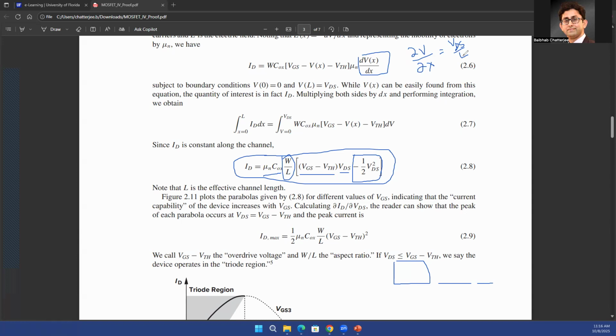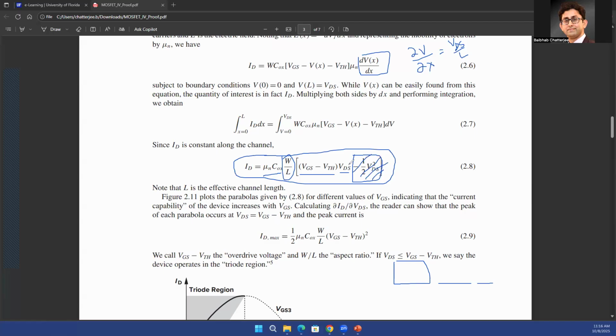But remember that you are assuming VDS is very small. If VDS is very small, VDS squared is even smaller, and you can neglect this half VDS squared part. If you neglect it, the current becomes mu n times COX times W over L times VGS minus VT times VDS.